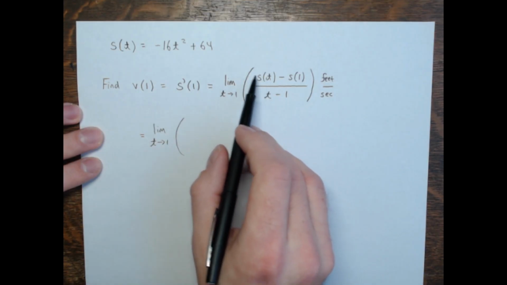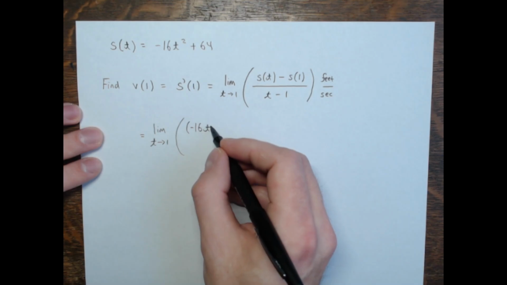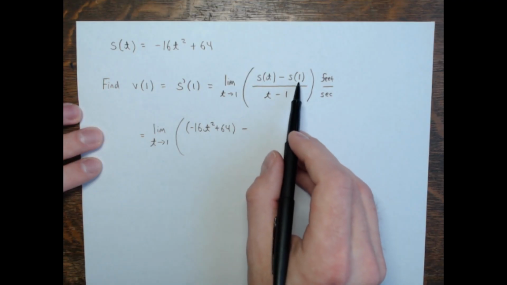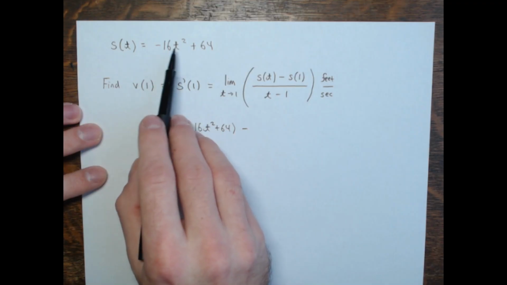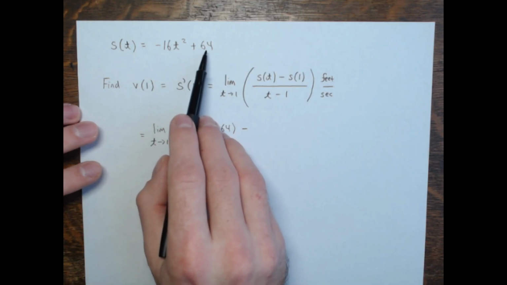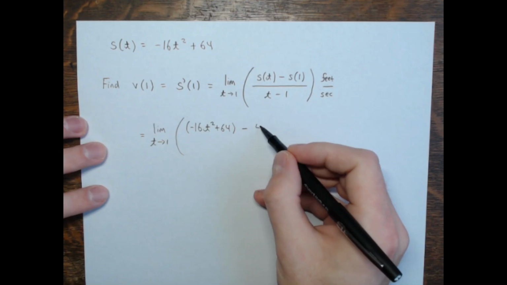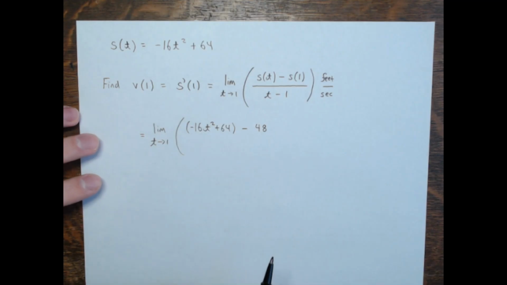Now the position at t is given here, so it's negative 16 t squared plus 64, minus the position after 1 second. Plug in 1 for t, that'd be negative 16 plus 64, or 64 minus 16, which is 48. So the rock would be 48 feet above the ground after 1 second.